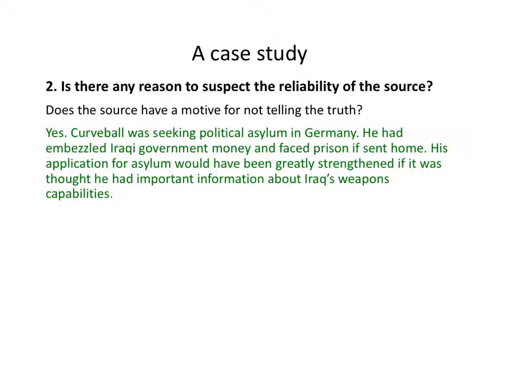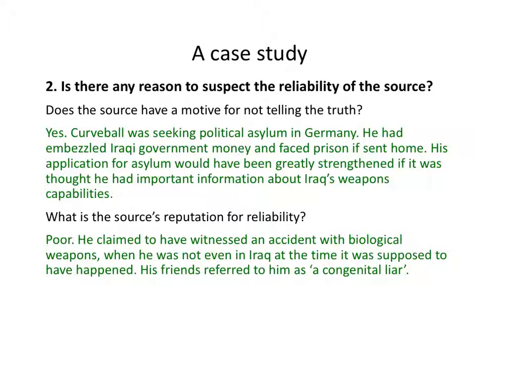So if he was returned to Iraq, he would have faced prison. His application for asylum in Germany would have been greatly strengthened if it was thought he had this important intelligence about Iraq's weapons program. So he does have a motive for exaggerating or not telling the truth.